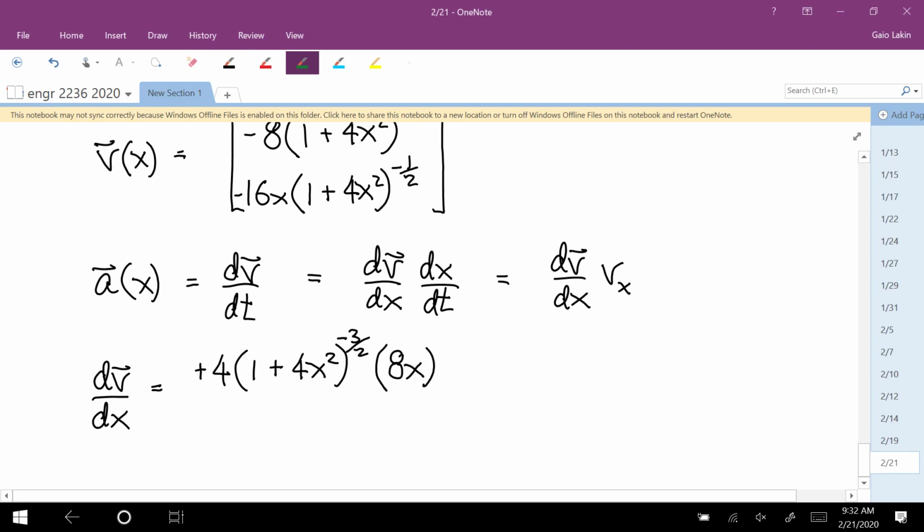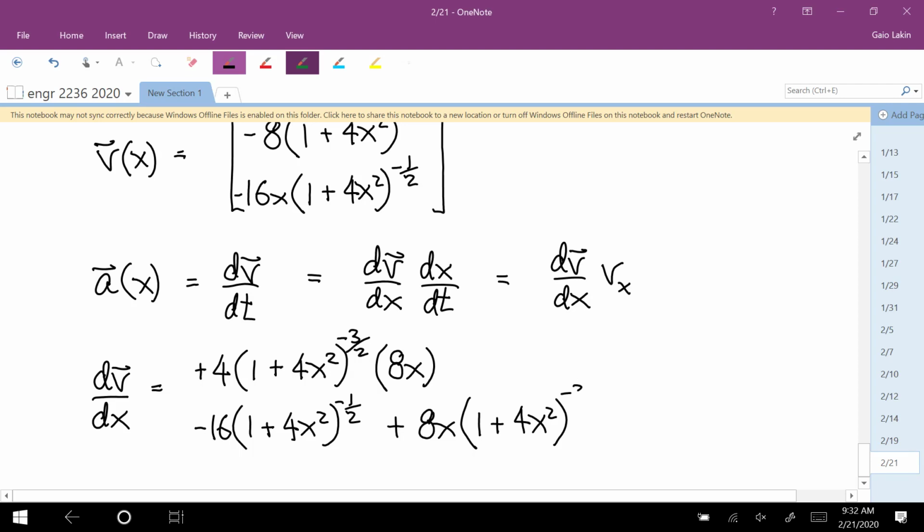For the y component, we have to use the product rule first. So we have negative 16 times the quantity 1 plus 4x squared to the negative 1 half, plus 8x times the quantity 1 plus 4x squared to the negative 3 halves times the derivative of the stuff inside the parentheses, which is 8x again.